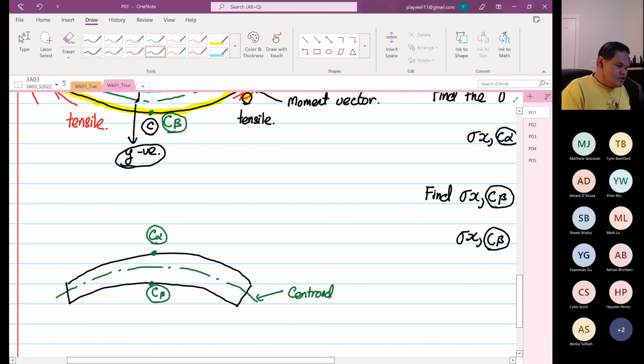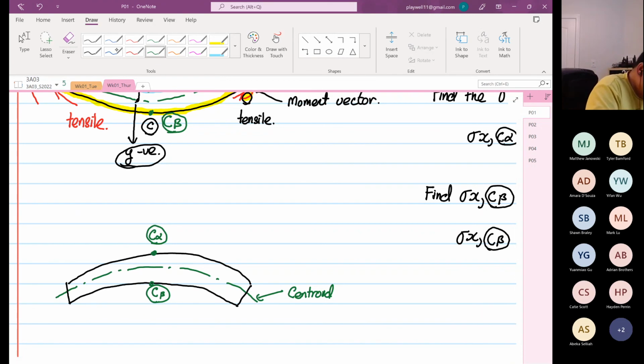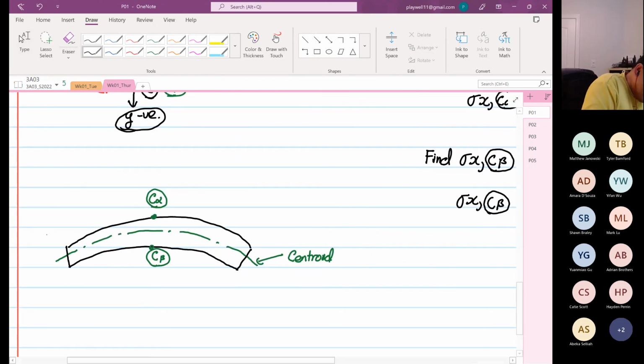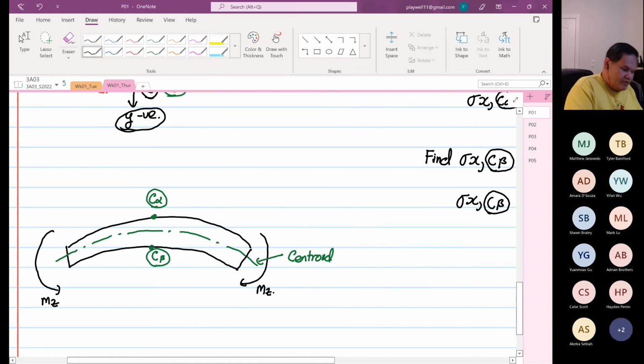In order to have the deformation pattern looking like this, we know that moment about Z has to be acting in this direction now. And we are also aware the head of the moment vector is in compression.